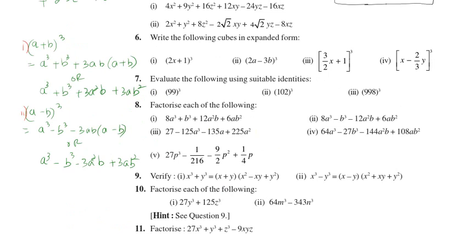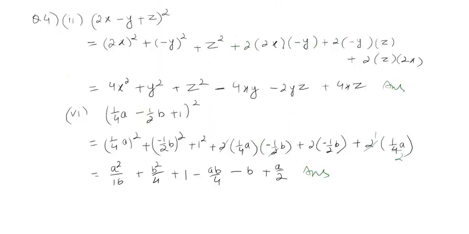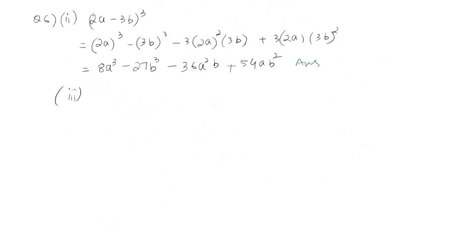So I'll proceed further now. We'll do the third part. The third part is (3 upon 2x plus 1) whole cube.